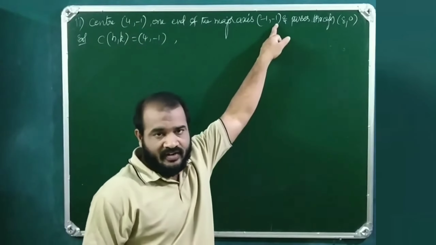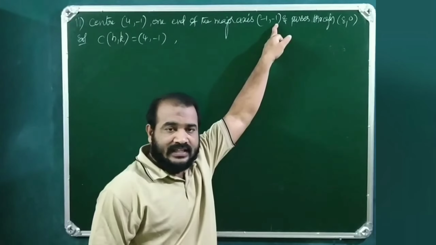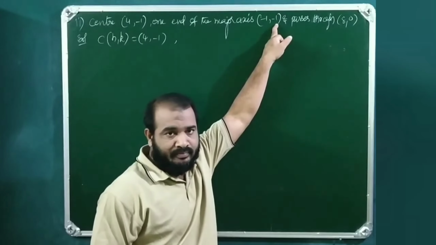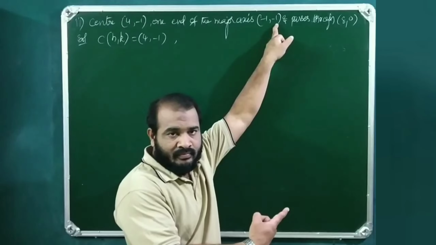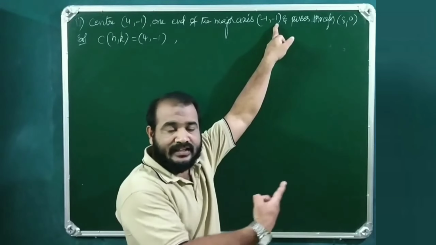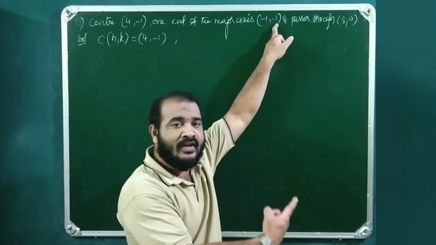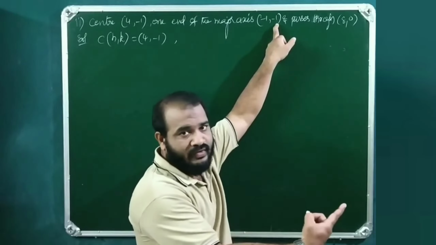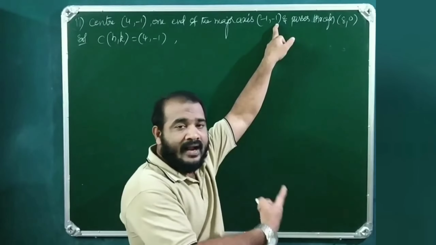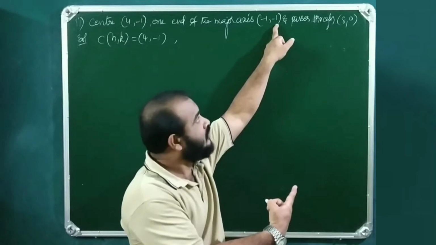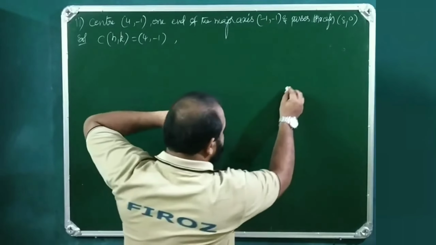If the y coordinates are equal, the major axis is along the x axis. But here, shifting of the origin has taken place because of the form (x minus h) whole square by a square plus (y minus k) whole square by b square equals 1. Therefore, not along the x axis but parallel to the x axis.